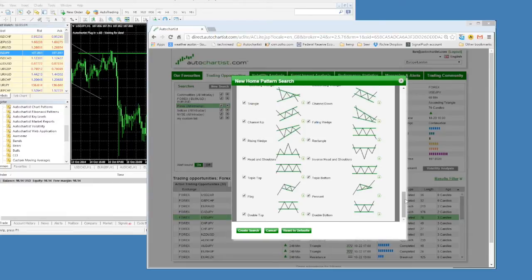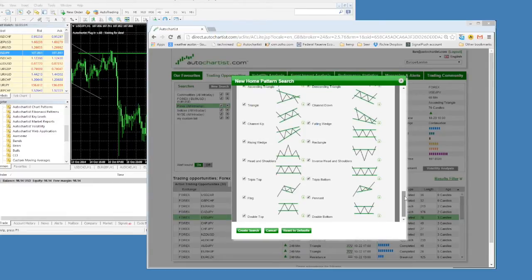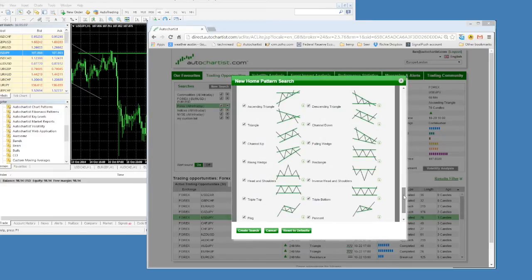Now, what you'll notice immediately when you look at these patterns is that some of the patterns are based on trending lines, and some of the patterns are based on horizontal lines. Okay, so that's a very, very clear distinction.